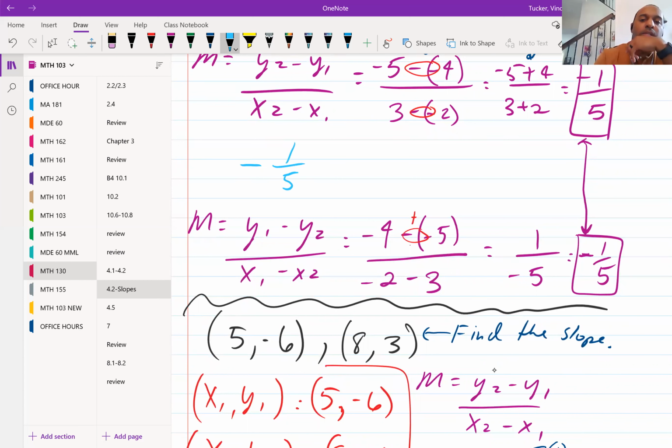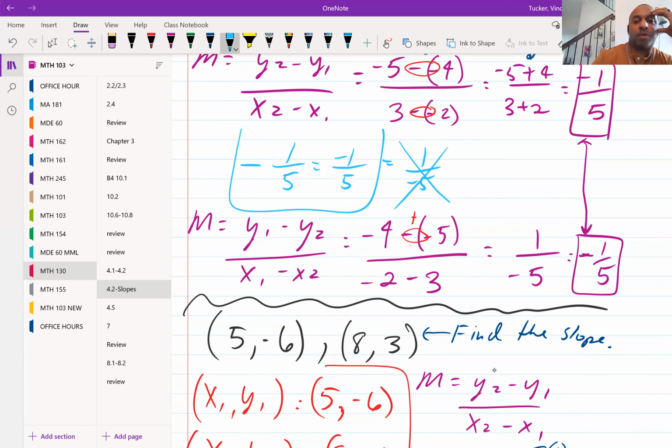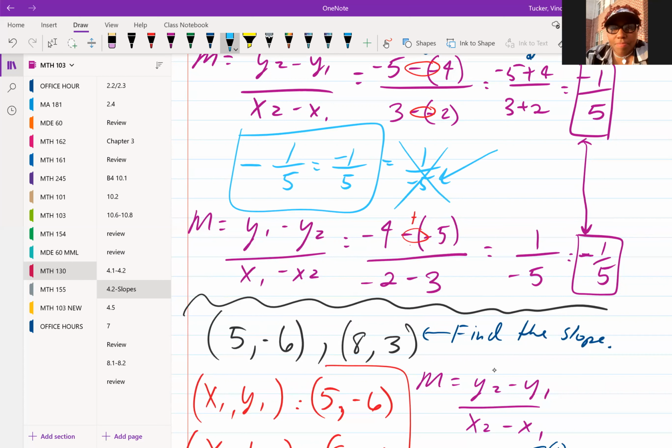So this and this all mean the same thing. Gotcha. But as far as writing it as your final answer, normally they don't leave the negative in your denominator. You may see one of these, but that's not the norm, leaving the negative down bottom. Gotcha. And that's just notation.